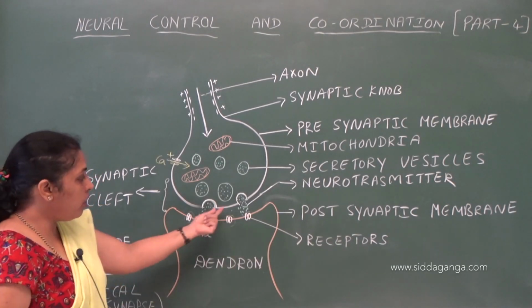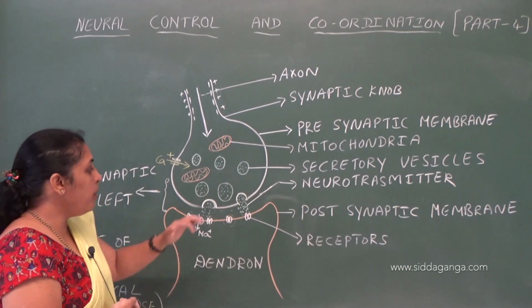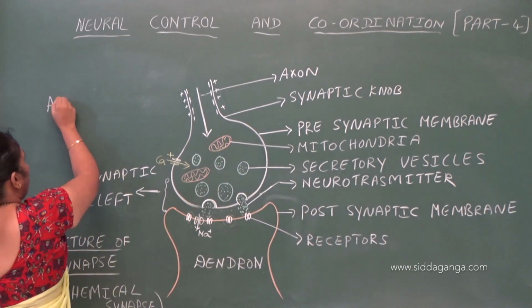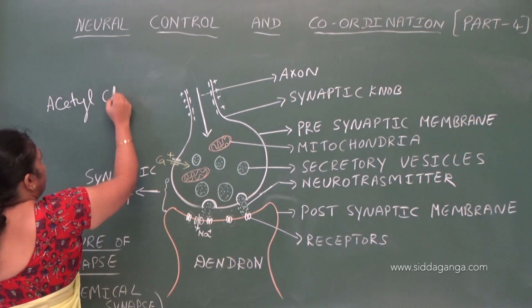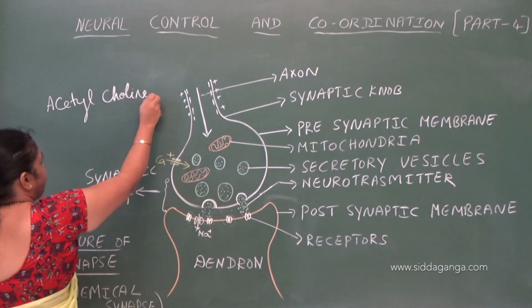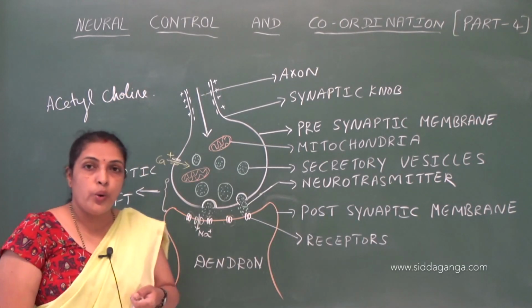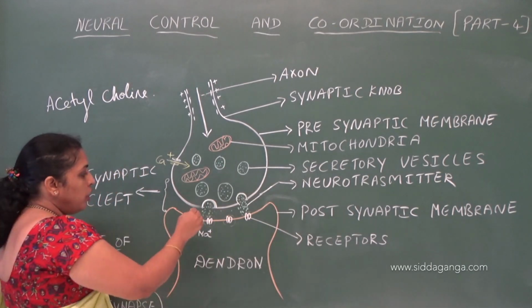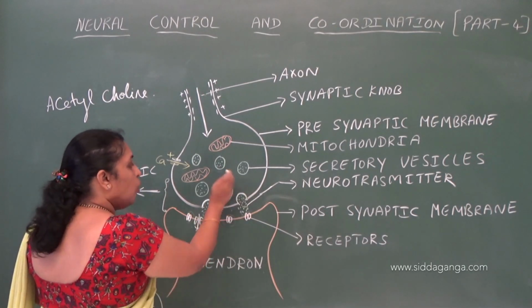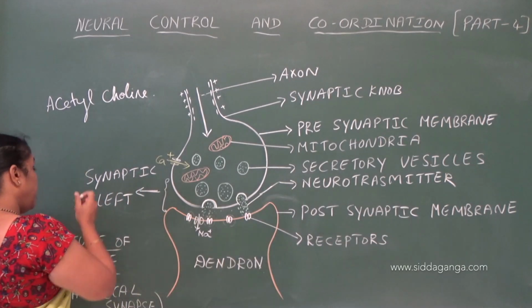Some of the neurotransmitters, for example acetylcholine, are neurotransmitters. Some of the neurotransmitters go back to the secretory vesicles.